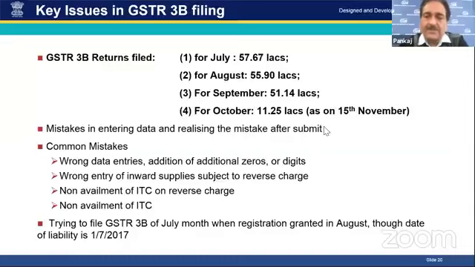Suppose you are issued registration in August and you have made certain supplies in July, then you should include it while filing the return of the month of August. It should be included in your first return as per the GST provisions.